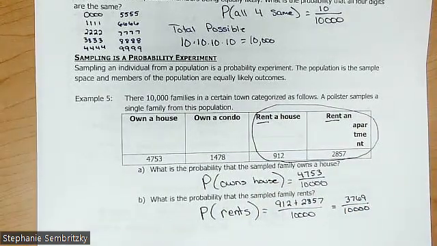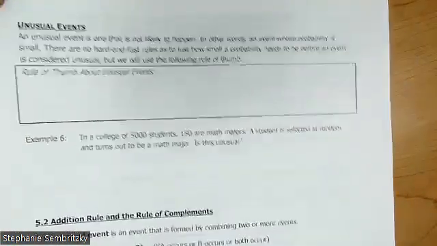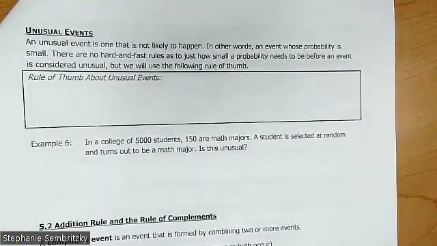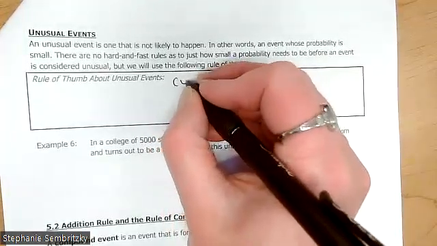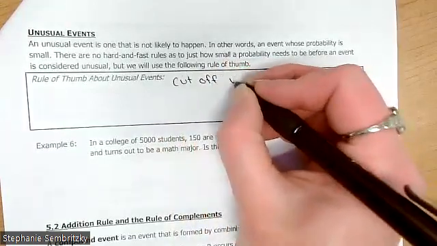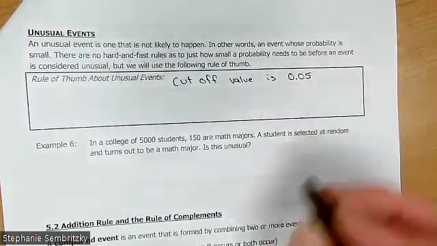Good so far? The last thing we're going to talk about is what makes an event unusual. An unusual event is one that is not likely to happen. That means its probability is going to be small, but we need to have a rule of what small means. How small is small? So the rule of thumb, our cutoff value, is 0.05.